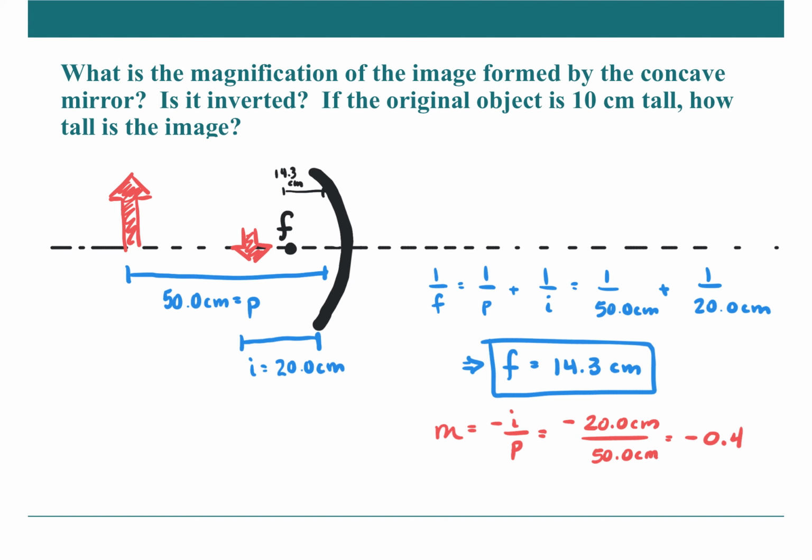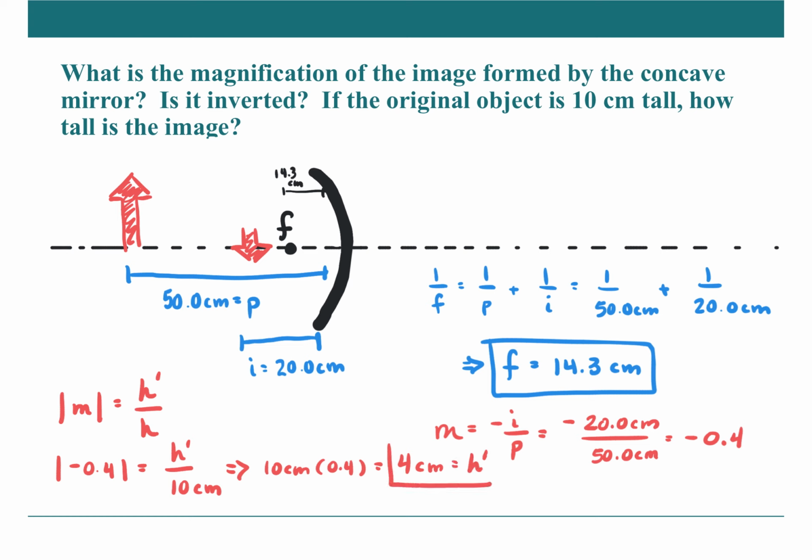It's been inverted. Its magnification is 0.4 times, meaning that if the absolute value of magnification is equal to the height of our image divided by the height of our object, and we know that the absolute value of our magnification is 0.4, then the height of our image is going to be equal to 0.4 times 10 centimeters, which gives us 4 centimeters for the height of our image.